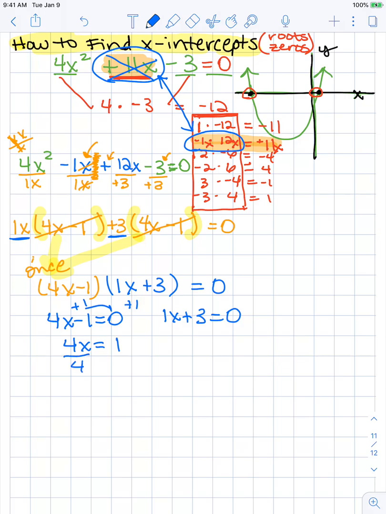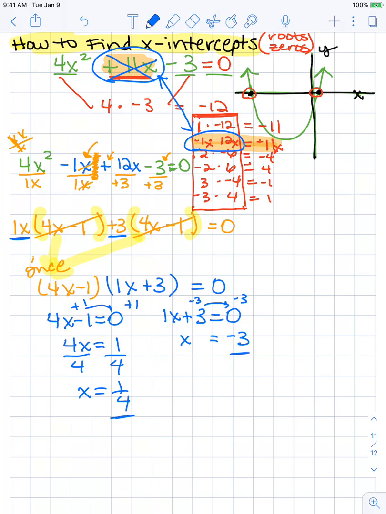And then I divide by 4, and I get x equals 1/4. And when I move my 3 to the other side, it becomes a negative 3, or I can minus 3 from both sides. And I get 1x equals negative 3, or I can say that this is really just x equals negative 3.